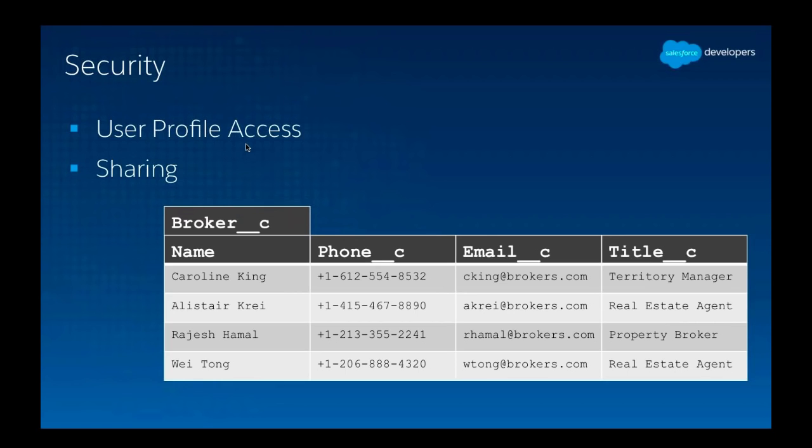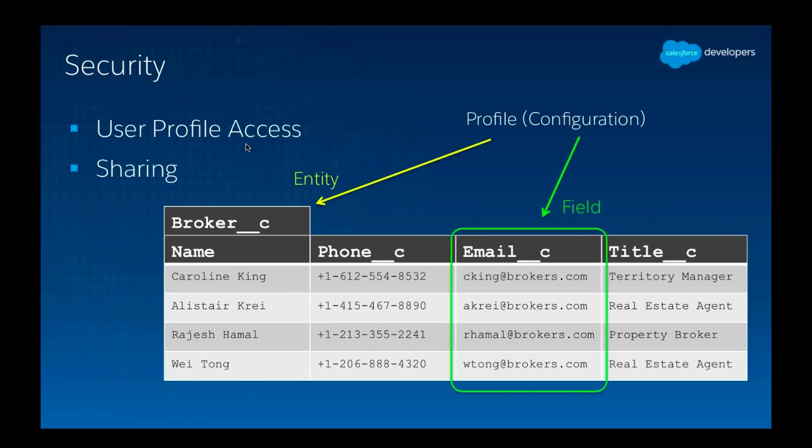And my broker entity has certain fields in there. My profile is going to say whether a given user, whether me as a user, can access the entity at all, and if I can access the entity, which fields I will and won't have access to. And that could be read-only access or edit access.